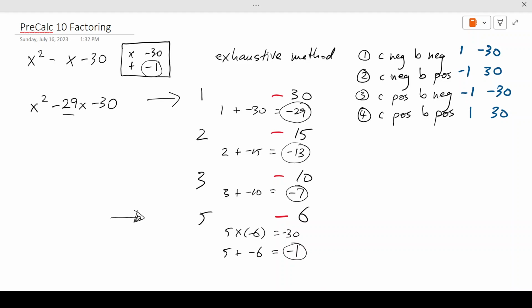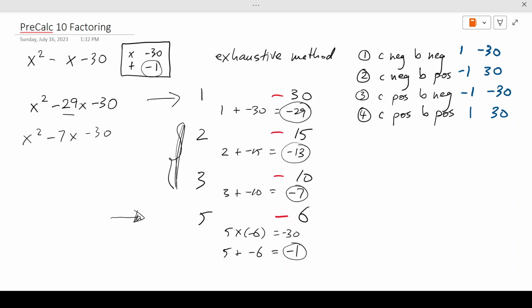And if I had a b that's sort of a middle number, like maybe the question was x squared minus 7x minus 30, I would start with one of these two, okay? And then work my way out from there. If it wasn't the first of these two I picked, I'd probably take a look at the next one.